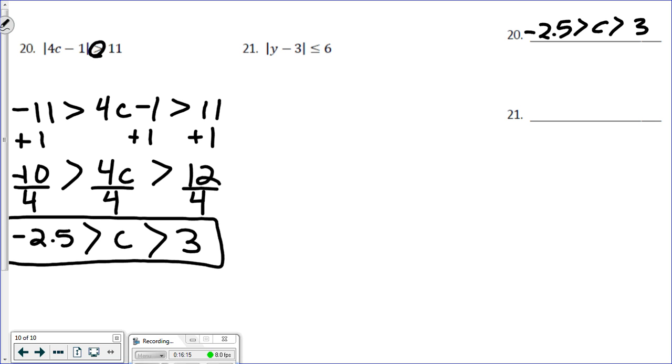So we have to do the same thing on number 21. Take the opposite of 6 and place it on the far left side. Use the same exact symbol in the same direction that it is in the inequality. We get to drop the absolute value symbols. Now we solve. To get y alone, we have to add 3 to every single side.